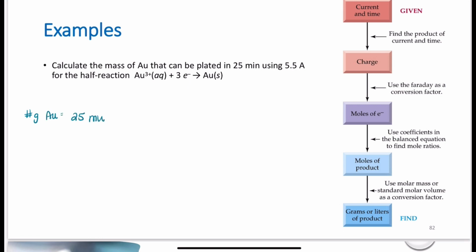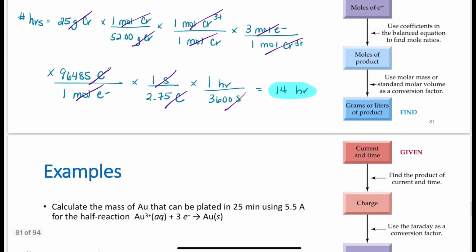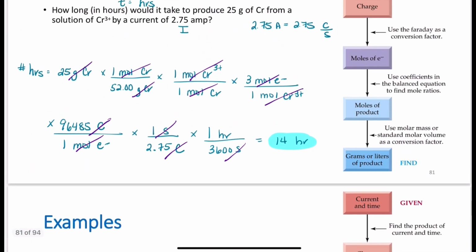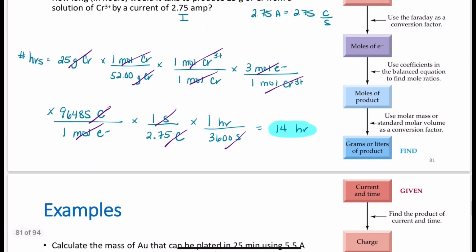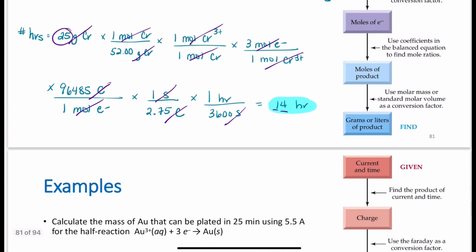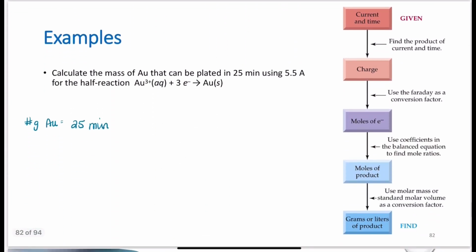25 minutes. I forgot to reiterate up here. I apologize. I had 2 sig figs here, so I have 2 sig figs here. So 25 minutes. I know that 60 seconds are in 1 minute. Time, current, okay.